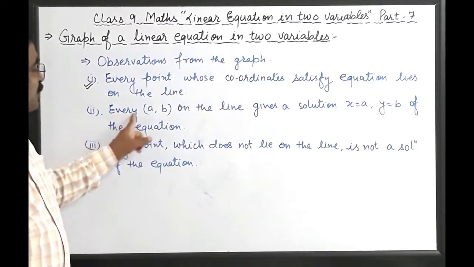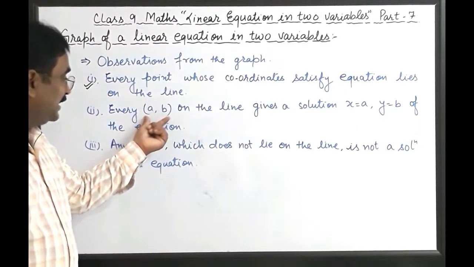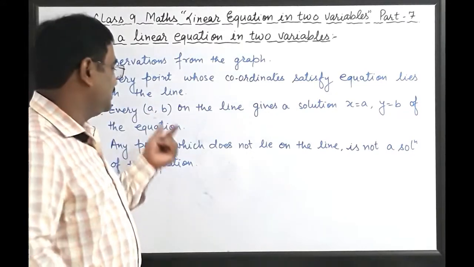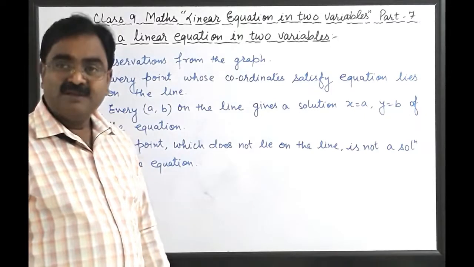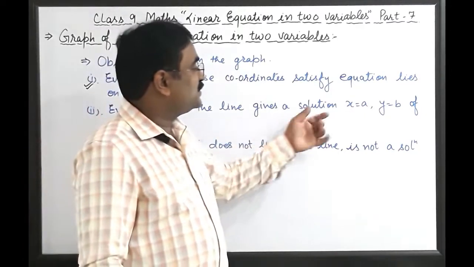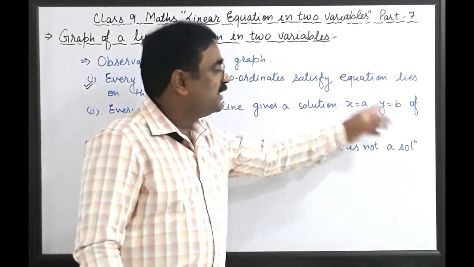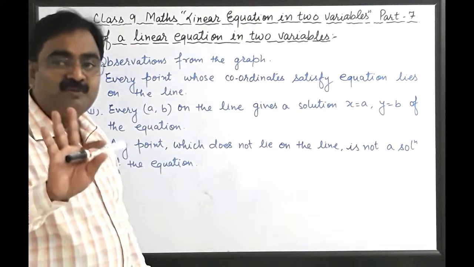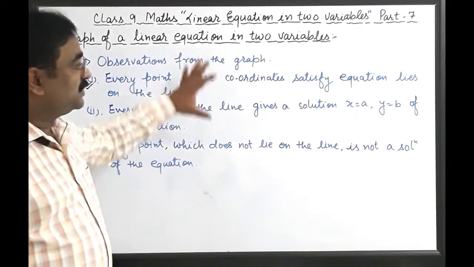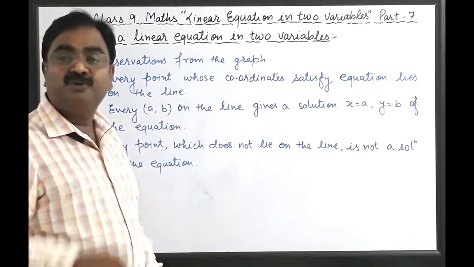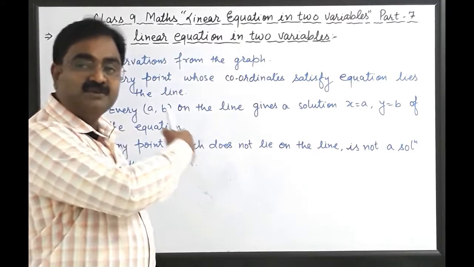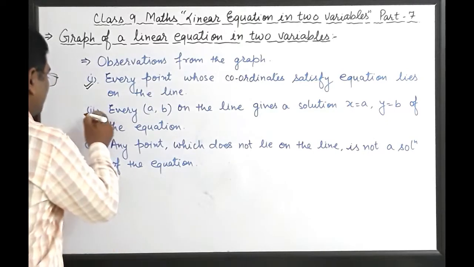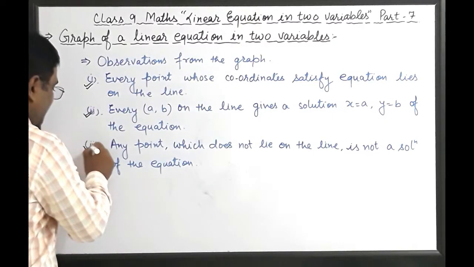सेकेंड पॉइंट इज, एवरी पॉइंट whose coordinates are a, b on the line, लाइन पर कोई भी पॉइंट है, सपोज उसका कोऑर्डिनेट a, b है, so therefore this gives a solution x is equal to a and y is equal to b of the equation. कोई प्रॉब्लम हो बच्चों, so you can discuss, but you have to note down this in your notebook with the question, with the example. After that, the third observation we have observed. What is it?